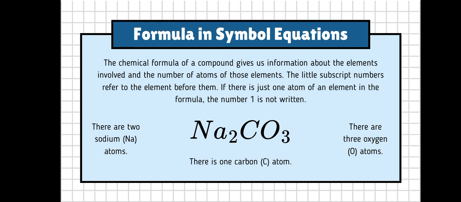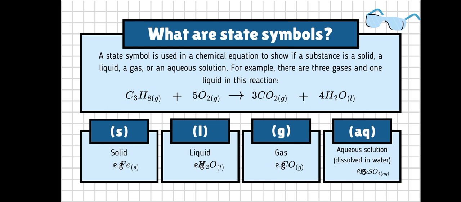Always remember this. Here is one carbon, so there is no need to write 1, you can leave it empty. Here you can see there are 3 oxygen atoms, so we have written 3. Here sodium has 2, so we have written 2 as a little subscript. So this is what you can do.